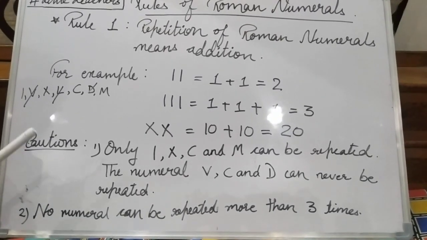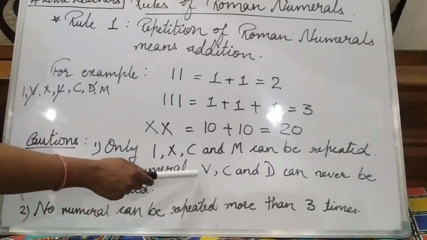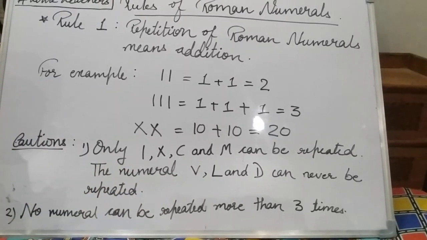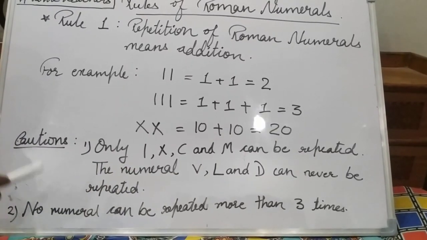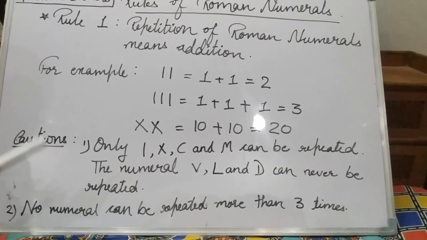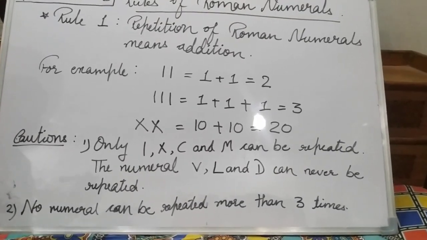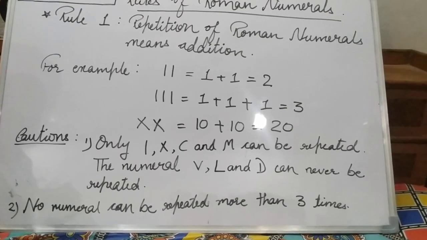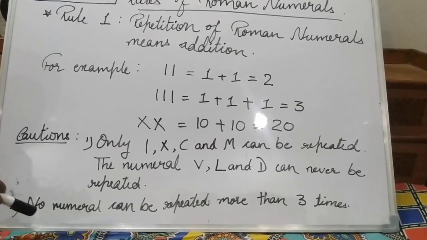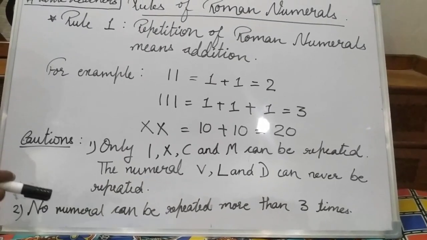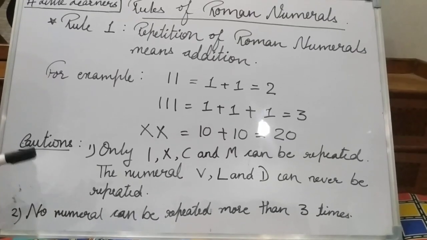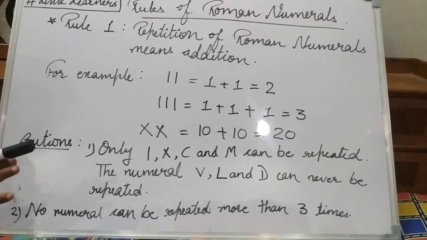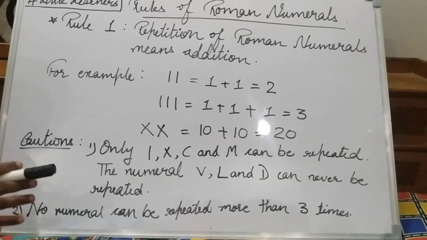And the numerals V, L and D can never be repeated. We cannot repeat them. And the second point is, no numeral can be repeated more than 3 times. That means at most 3 times we can repeat any Roman numeral, not more than that.